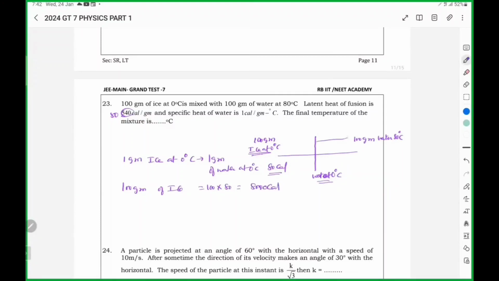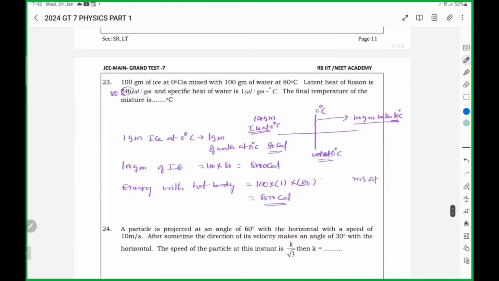So when compared with the reference level, the heat energy with the hot body is 100 times the specific heat of water, 1, times m s delta T. Here the reference is 0, and delta T is 80. Exactly the same amount of energy is available.